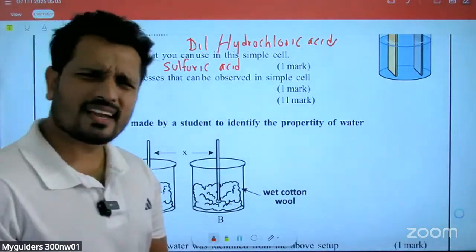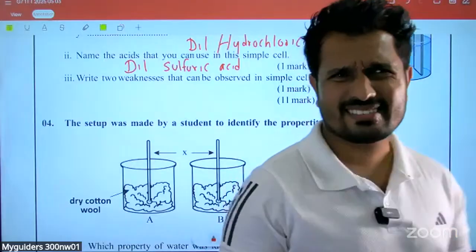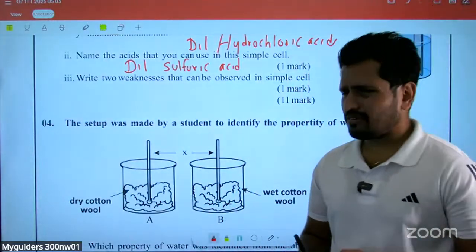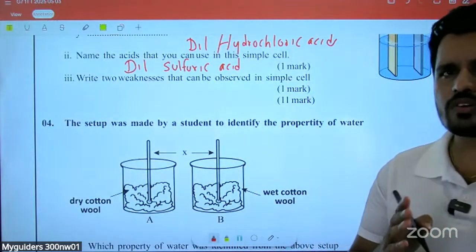Two weaknesses that can be observed in the simple cell. In a simple cell, it generates only a very limited amount of electric current.